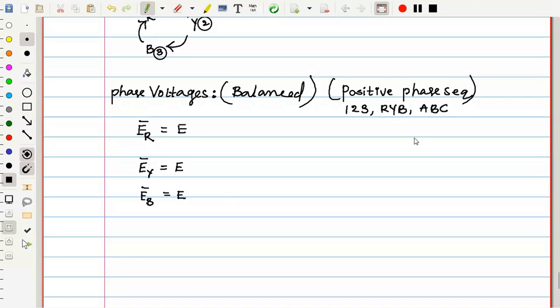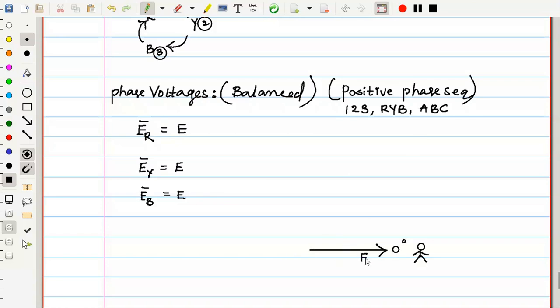So what does it mean? For example, if the observer is sitting on the R phase, that is our reference. This is the reference, where the observer is sitting on the R phase.